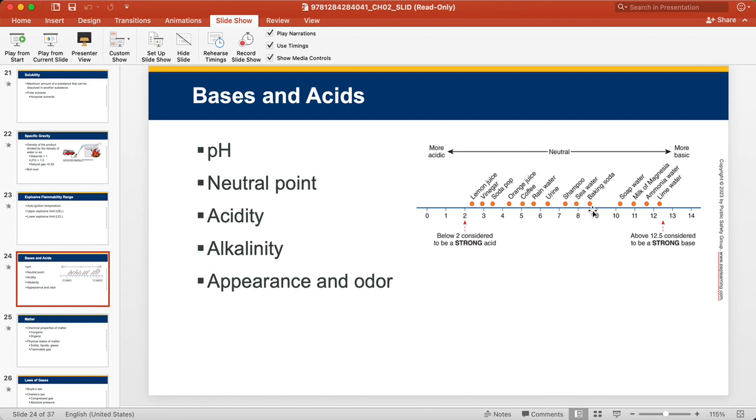Soap water, milk of magnesia that you take for constipation, ammonia water, and lime water are alkaline. All of these are very strong bases. So base is alkaline, and acid is acidic.